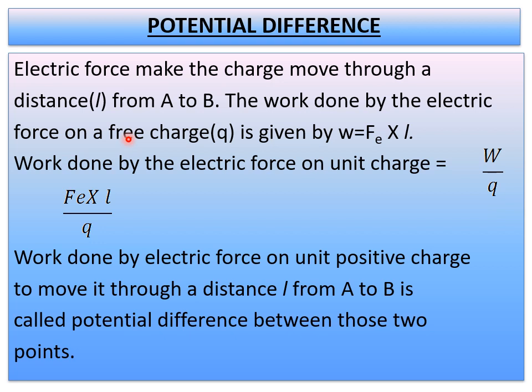The work done by the electric force on a charge: the charge is moving from one end of the conductor to the other. So W is equal to Fe into L, because the electric field provides the force to this free charge to move throughout the length L. So the work done by the electric force on a unit charge, I want to go with a single charge, is W by q.